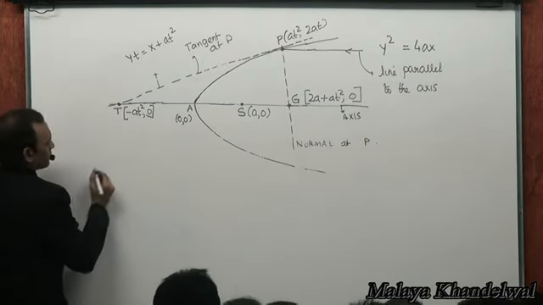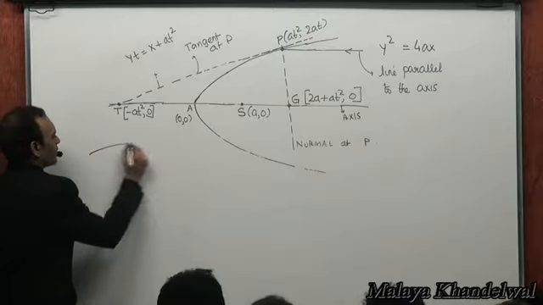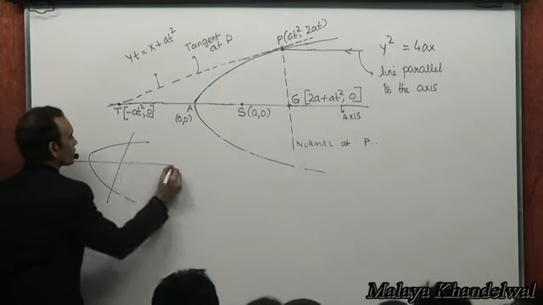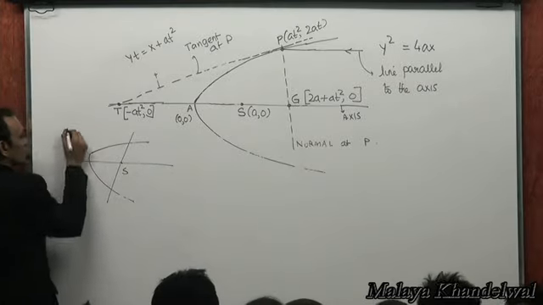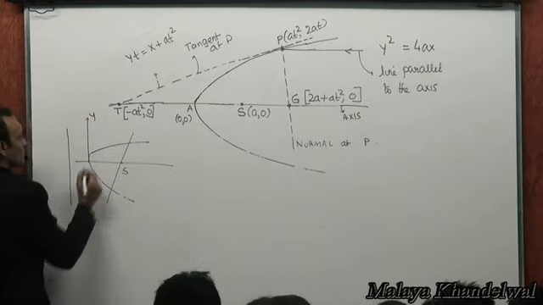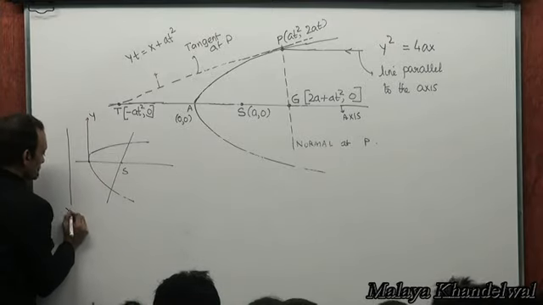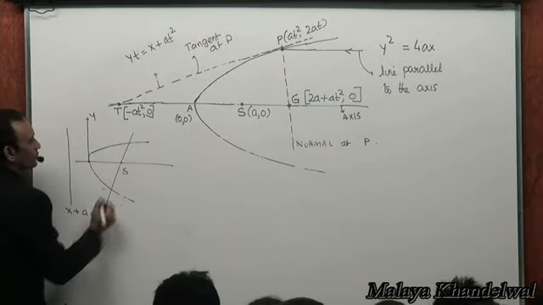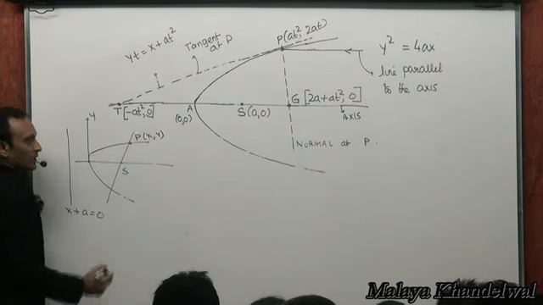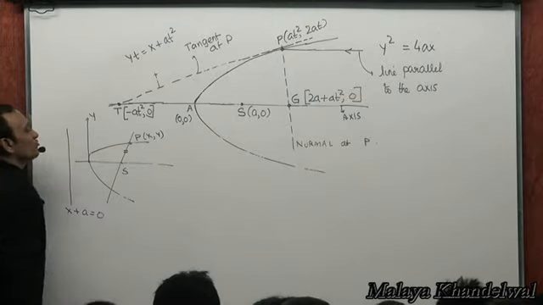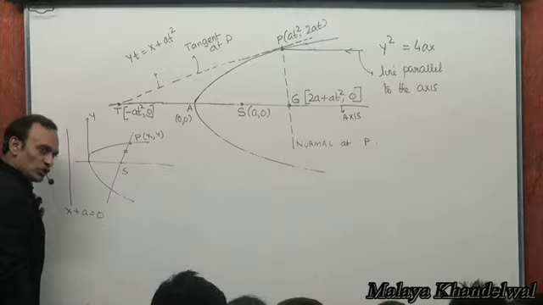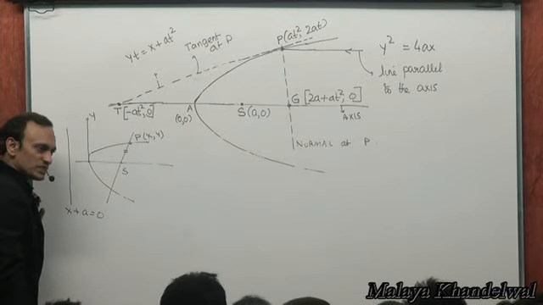Now one thing, for a parabola, say y squared equal to 4ax, this is the focus S, this is the directrix x plus a equal to 0, this is the y axis, and if there is a point P (x, y), then SP is the focal radius, the distance of the point P from the focus.